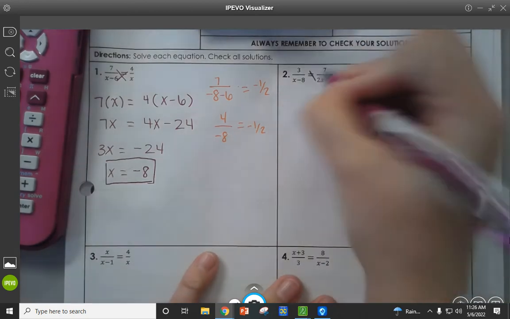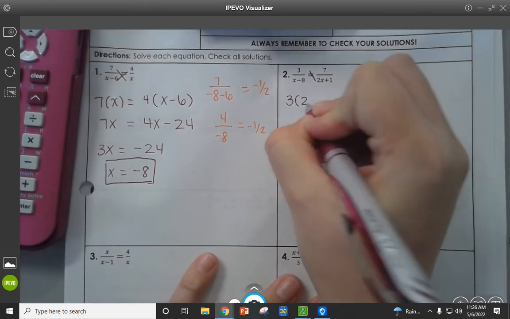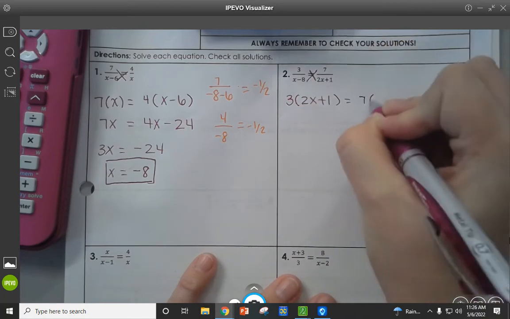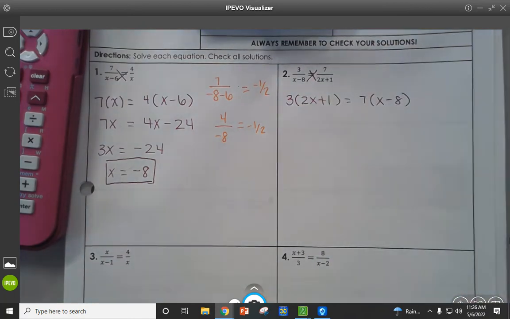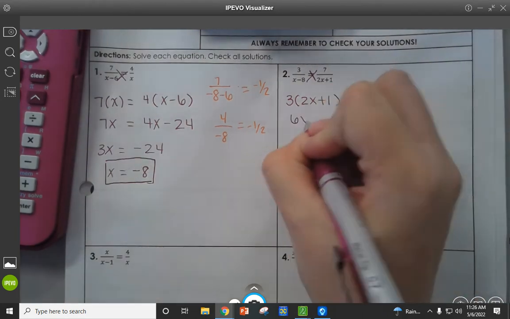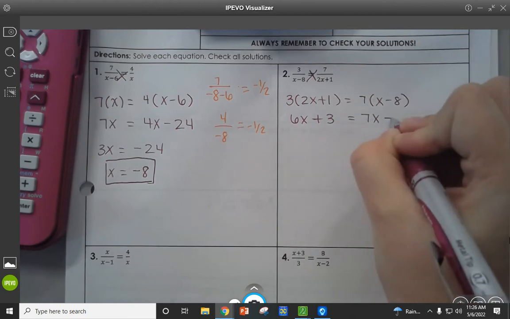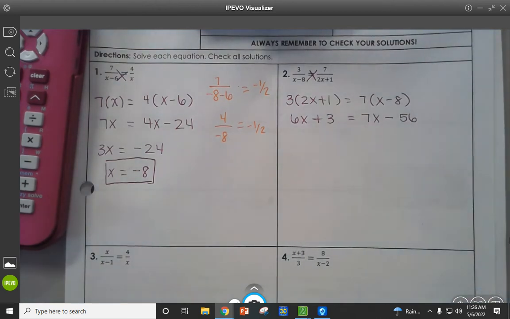Number 2, we've got 3 times 2x plus 1 equals 7 times x minus 8. So this would be 6x plus 3 equals 7x minus 56.